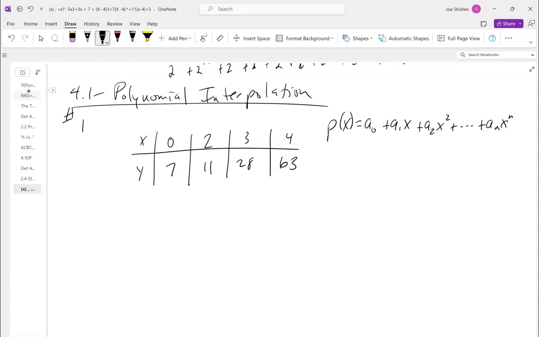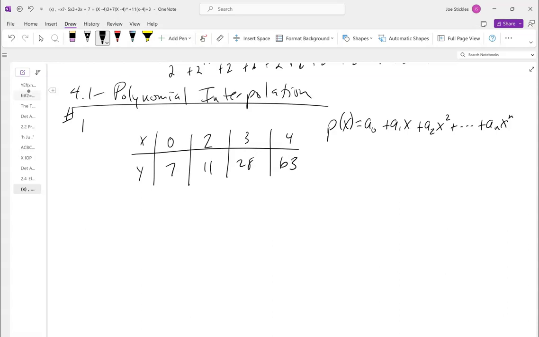This is what it means to try to find a polynomial of least degree. You look at the number of points. Each piece of information, each point, gives you a way to find a single coefficient. Since we have 4 points, that allows us to find 4 coefficients.